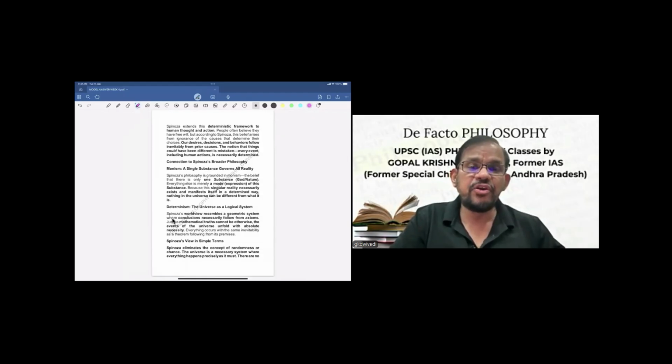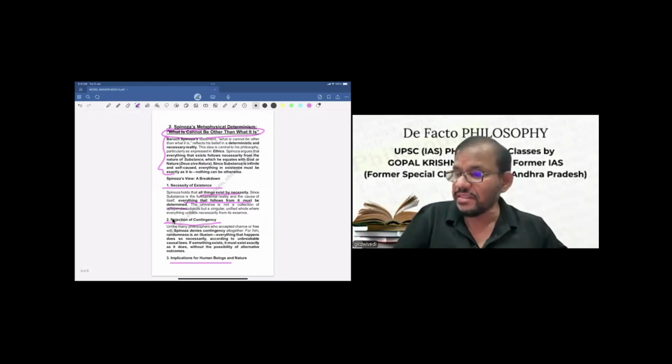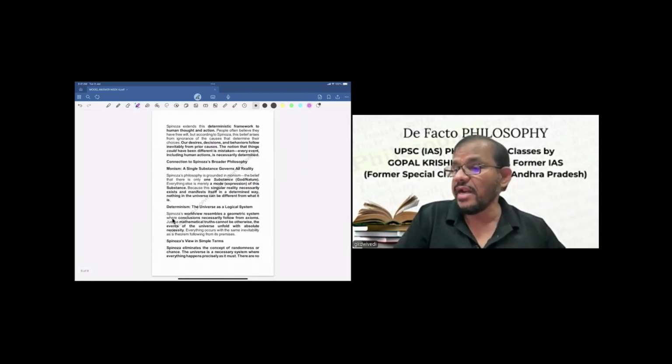Every event, including human actions, is necessarily determined. So what I want to say is that the implication of this statement is also applicable to human beings. This means that every event, including human actions, is necessarily determined. This is Spinoza's view.